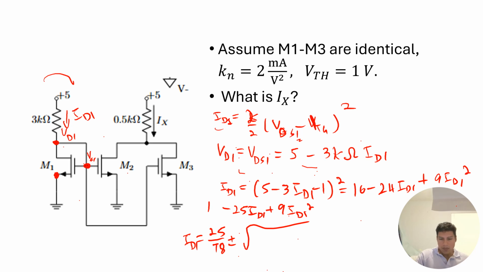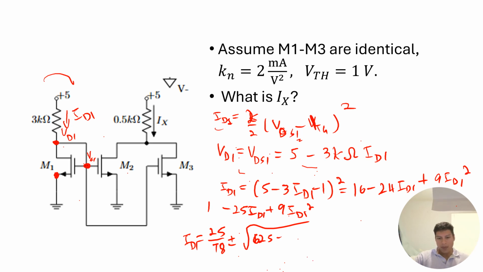25 squared, which is 625. So 5 times 25 is 125, times 5 of that gives you 500, and then 25 times 5 is 125, so 625.